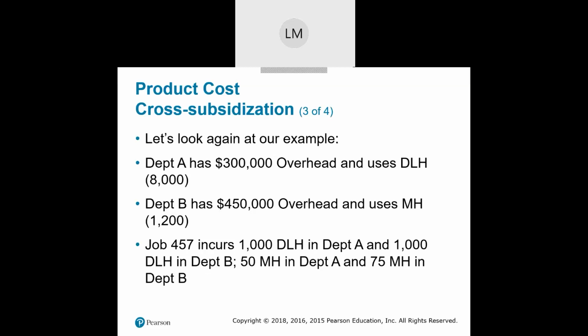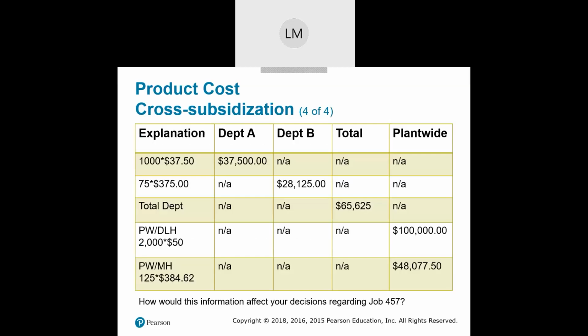It has 1,000 direct labor hours in Department A, 1,000 direct labor hours in Department B. It incurs 50 machine hours in Department A and 75 machine hours in Department B. So based on those rates, let's take a look at an example here.